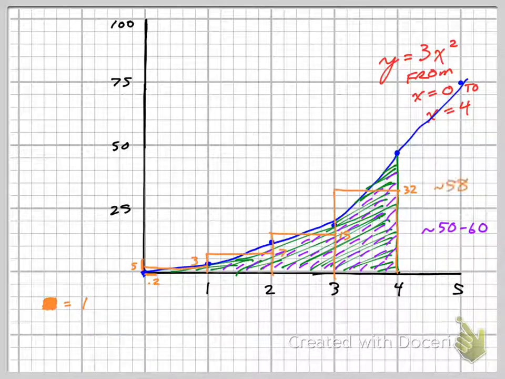And so I could look at these orange rectangles, and notice that this far right orange rectangle is about the equivalent to 32 high and 1 wide, and then the one between 2 and 3 is about 15 high on average, and of course 7 and 3 for a total of 58.